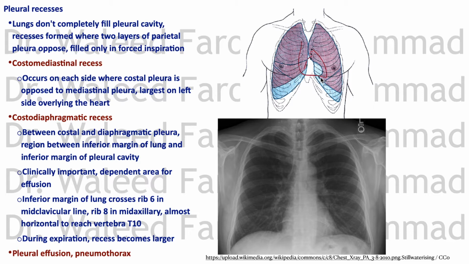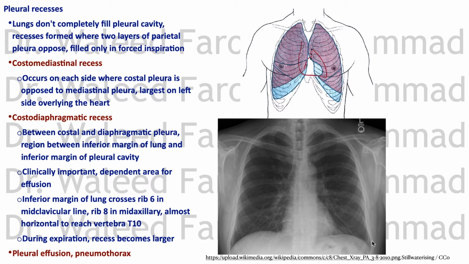There is another recess which is clinically important, the costodiaphragmatic recess. This is the recess below, the one you look at in X-rays. You look at the costodiaphragmatic angle here and here, because now you are in the costodiaphragmatic recess. Why is it clinically important?